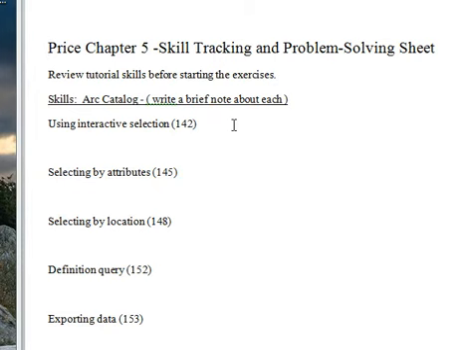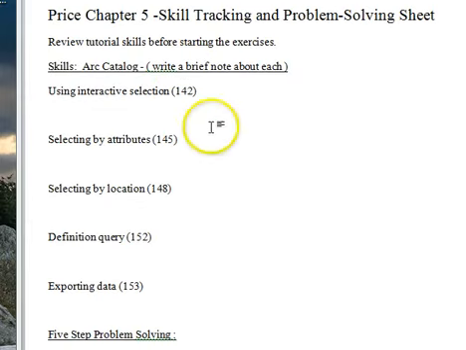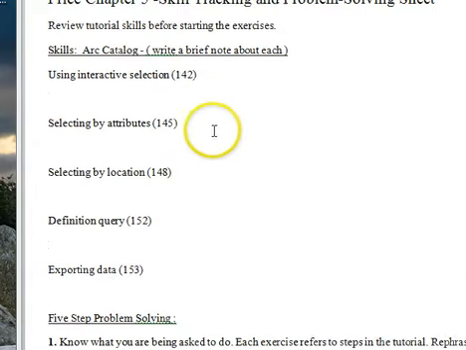But if it's the first couple of questions, that's coming from the first part of the tutorial. When you go through the skills, one thing that might help is to write a little blurb so that when you get ready to do the exercises, you have a memory of what you were doing on that page.